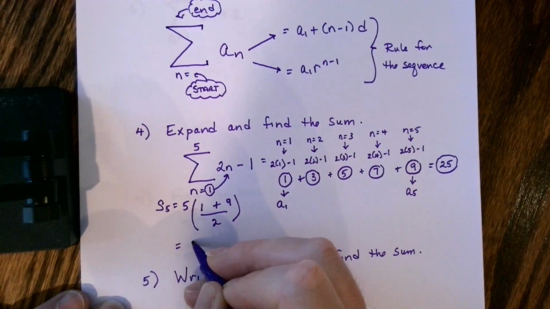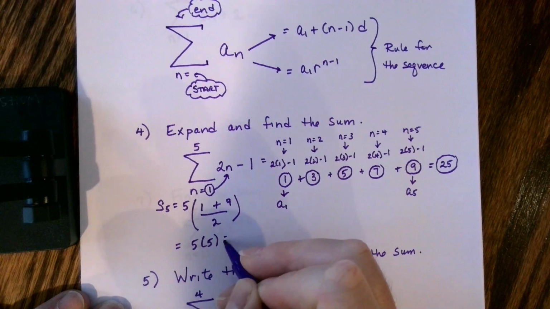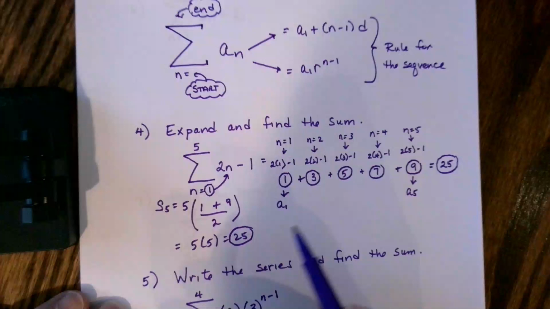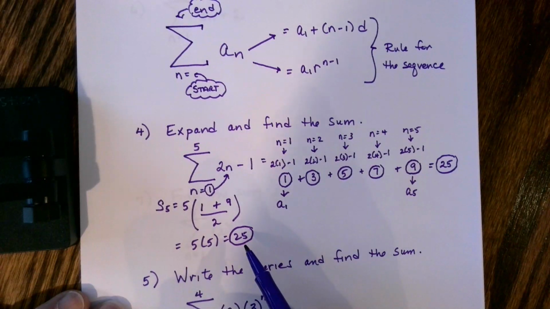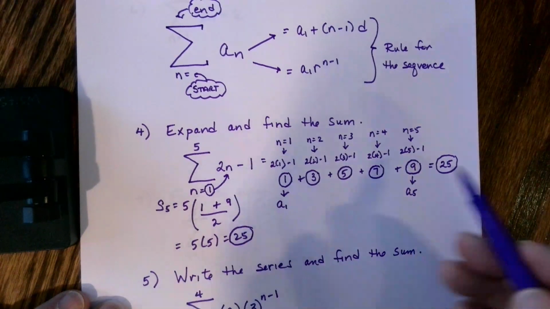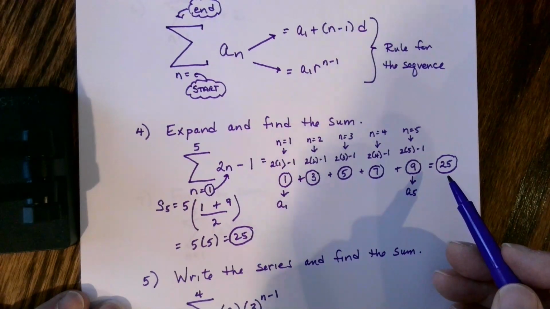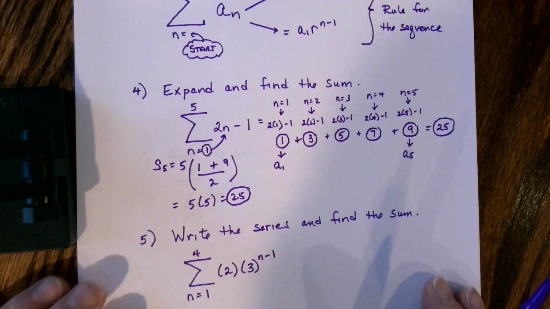As you can see, I end up with 5 times 5, which is in fact 25. So I was able to calculate the sum using the formula as well as using just common sense and adding up my terms.